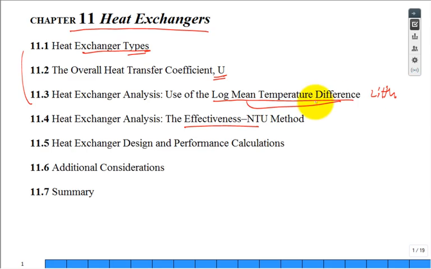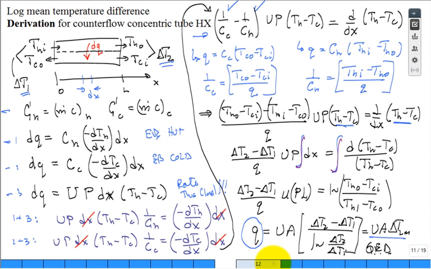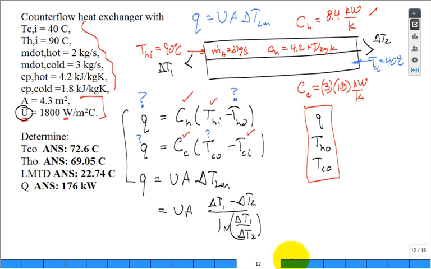We showed that. We are talking about a lot of insightful manipulations to get the effectiveness NTU method. But at this point, if we're sticking with the log mean temperature difference method, I'm looking for something else other than what you just described, which is going in the direction of the effectiveness NTU method.